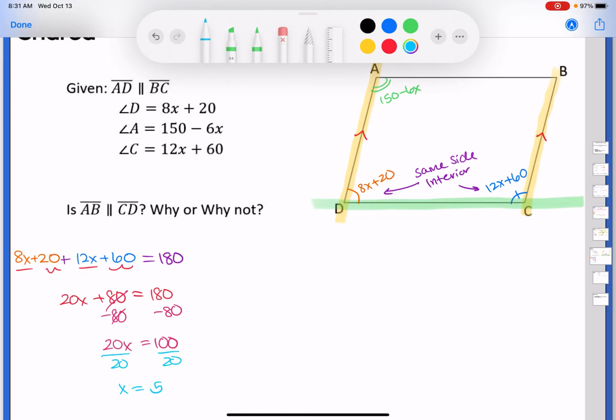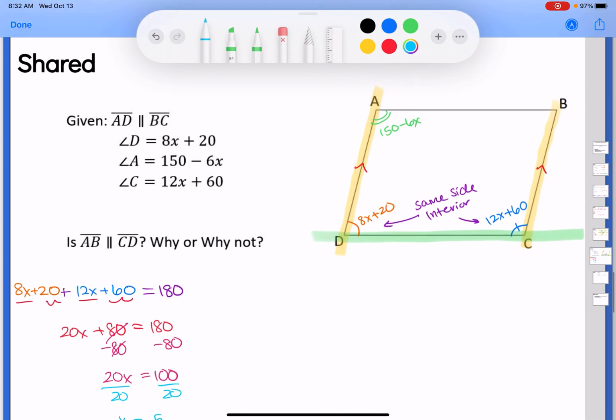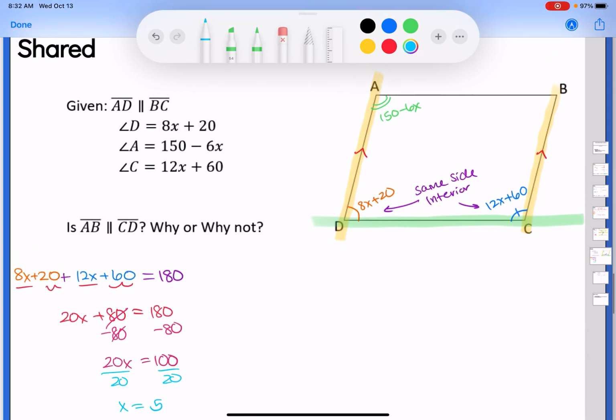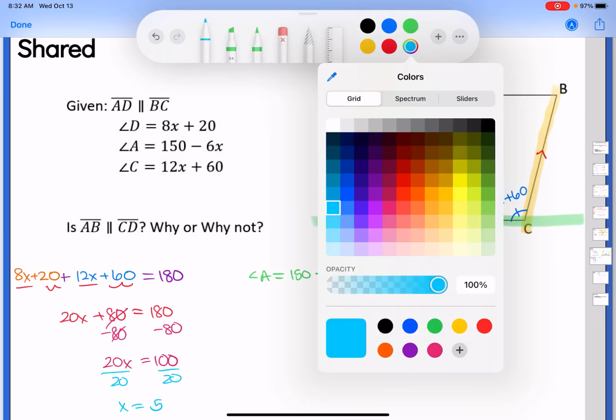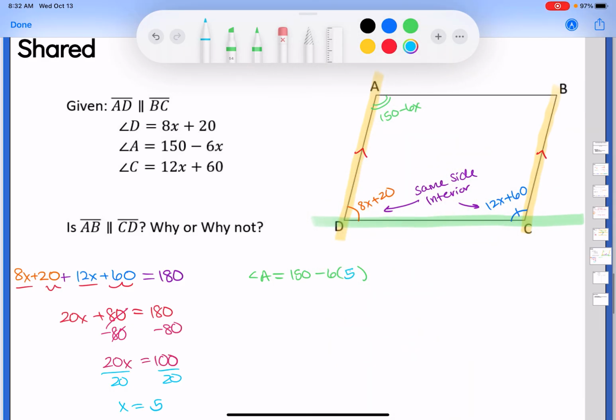So now that I know x, let's see what our angle measures are, right? Angle A would be 150 minus 6x, and x is 5. So angle A would be 150 minus 30, so angle A is 120 degrees. Okay.